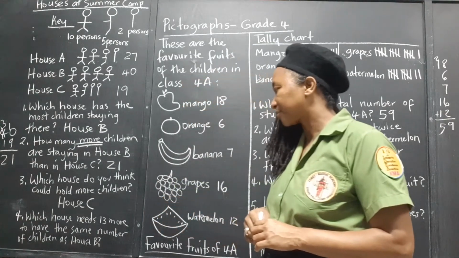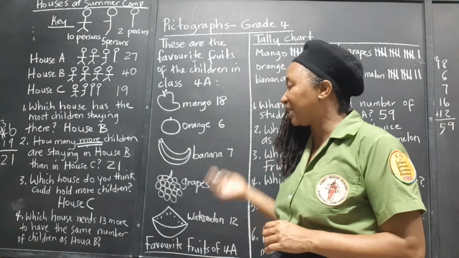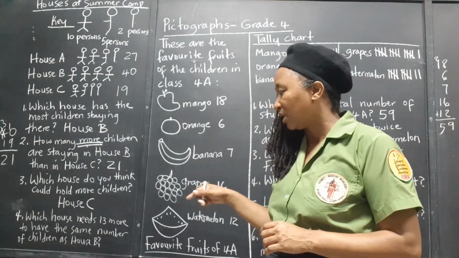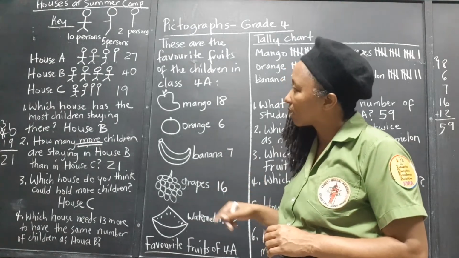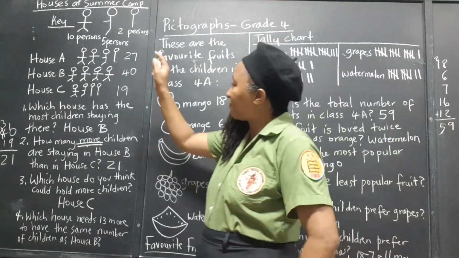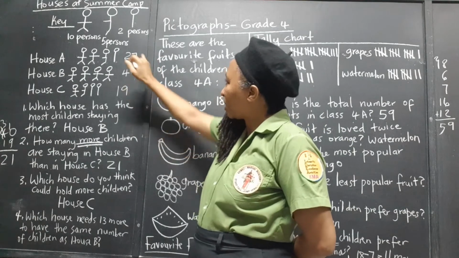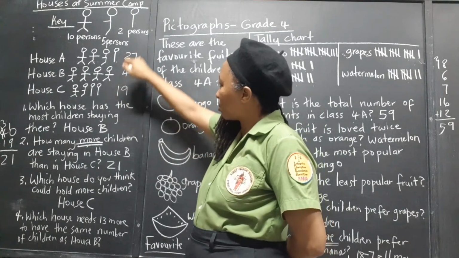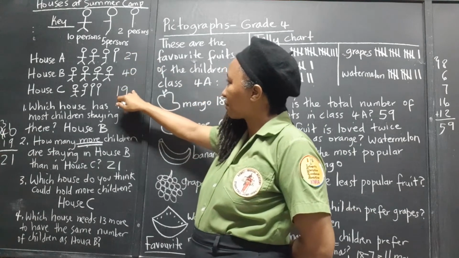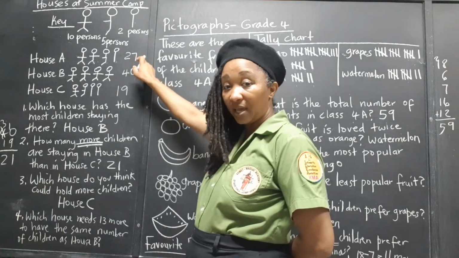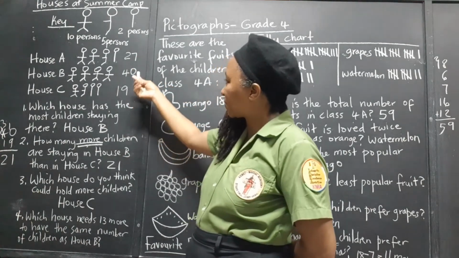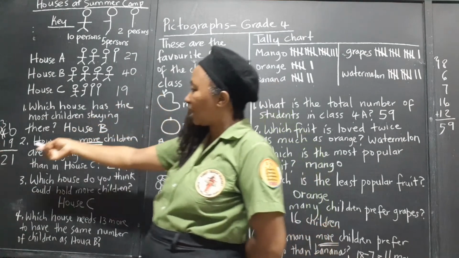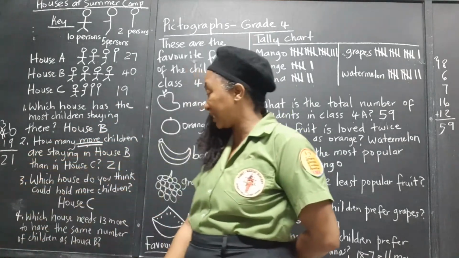Final question. Which house needs 13 more to have the same number of children as house B? So house B has 40. Which one of these needs 13 more to make 40? House A. Because we already worked out that the difference between house B and C is 21, not 13.